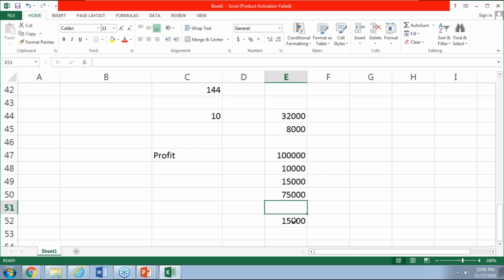Yeah, it will be proportionate, we have proportionated the whole amount actually. You can calculate this figure by taking the proportionate figure for all the figures. Like you can apply 100,000 into 0.2, this value into 0.2, this value into 0.2.